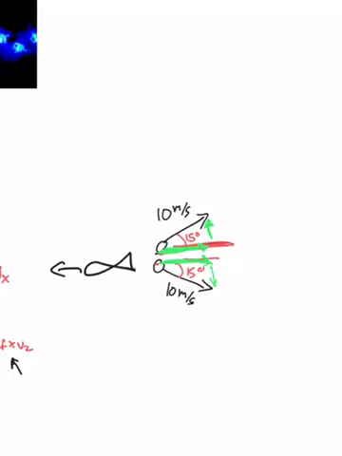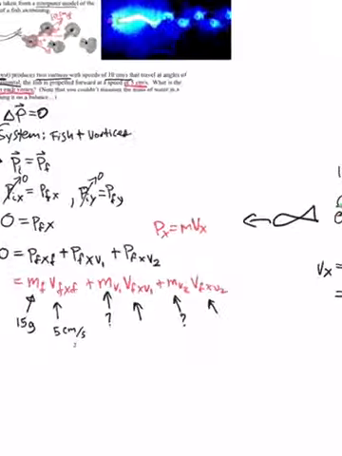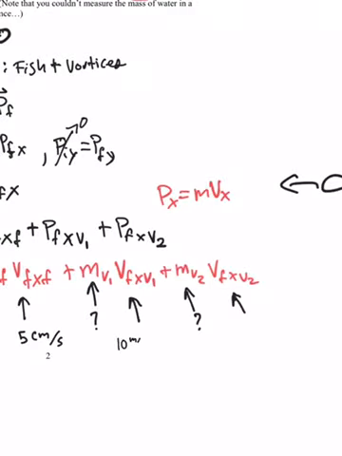Using a little trigonometry, for either of these, Vx is equal to the speed times cosine of 15 degrees, so 10 meters per second times cosine of 15 degrees. That's our Vx for each.